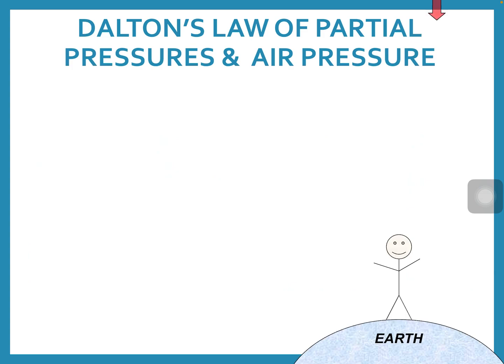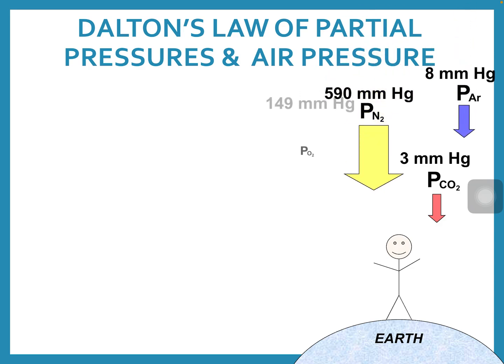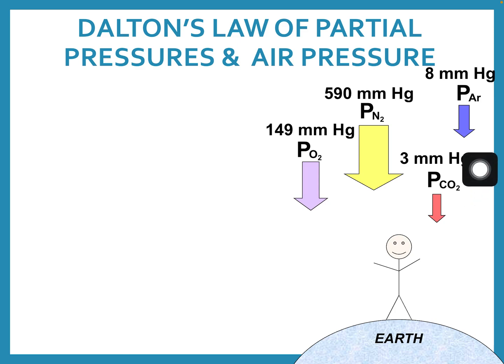So Dalton's law of partial pressures and air pressure. If you are standing on Earth, the atmosphere is made up of oxygen, nitrogen, carbon dioxide, and argon. And we have the respective partial pressures of each. So 8 millimeters of mercury for argon, 3 millimeters of mercury for carbon dioxide, 590 millimeters of mercury for nitrogen, and 149 millimeters of mercury for oxygen.